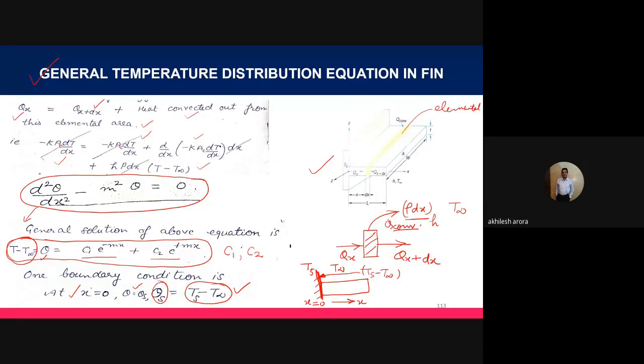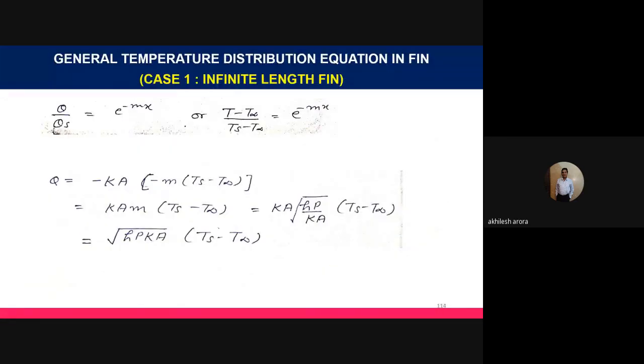So this was the first boundary condition, and then we said we are going for case 1, where we are considering that it is an infinite length fin. Infinite length fin means the length of the fin is infinite, touching infinity.